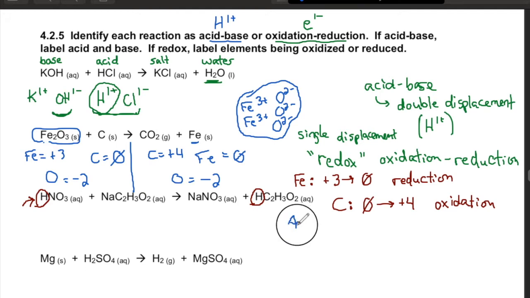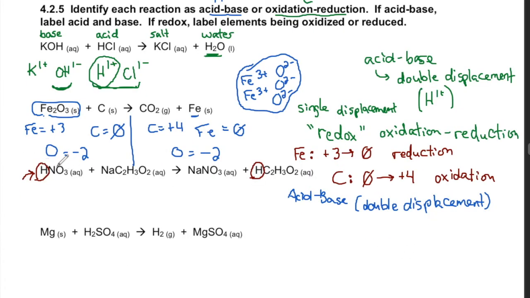We know because it is a double displacement using a hydrogen ion. This compound is giving up the hydrogen ion, so it is an acid. It's nitric acid, actually. This acetate is taking on the proton, so this is our base.